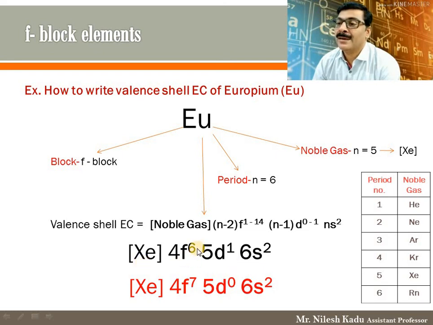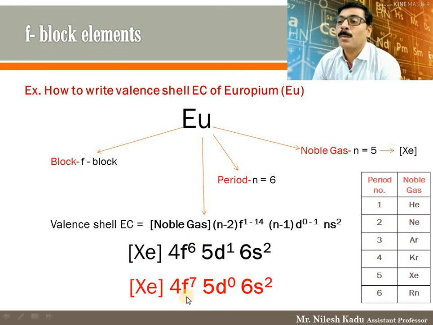But here the f orbital contains 6 electrons, and to attain more stability of the f orbital, the jumping of an electron from the d orbital to the f orbital takes place, and f6 is converted into f7, that is half filled, and a half-filled f orbital has more stability than the partially filled f6 orbital.